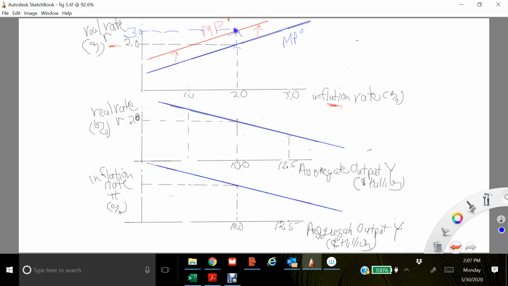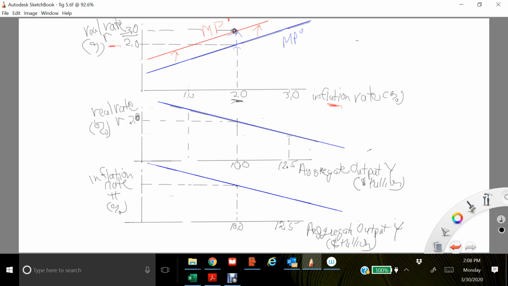So to find equilibrium income, a tightening of monetary policy at the initial inflation rate, the real rate would rise to 3%.